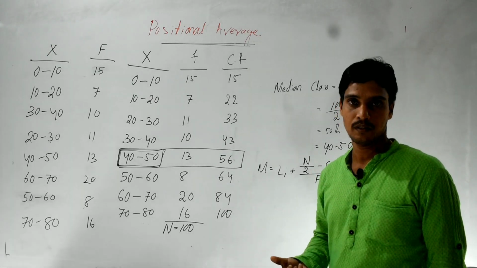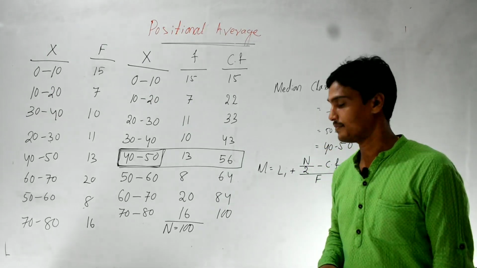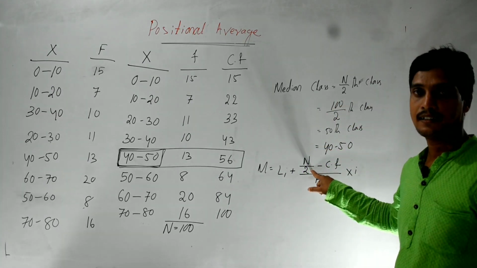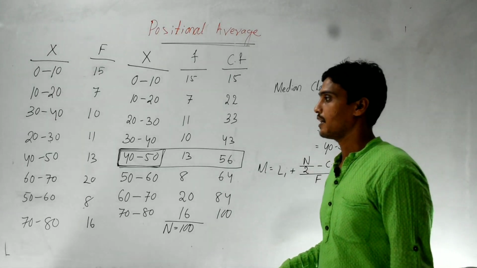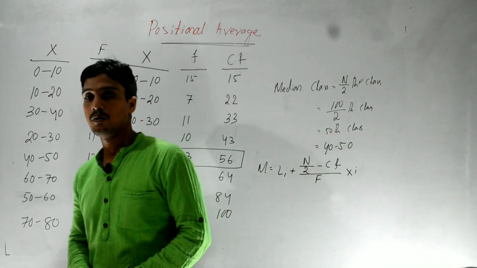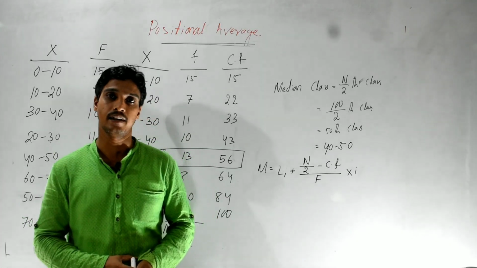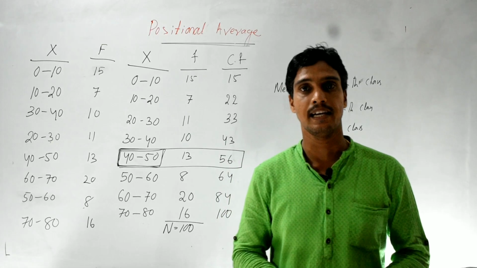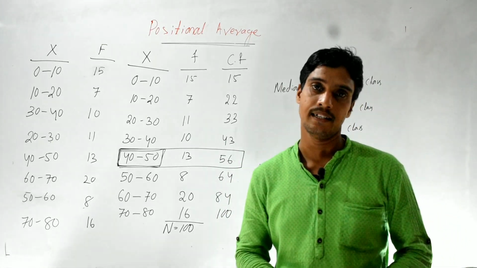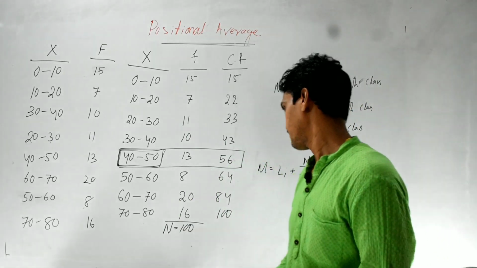When we calculate quartile, we divide by 4. When we calculate percentile, we divide by 100. When we calculate decile, we divide by 10, and so on.